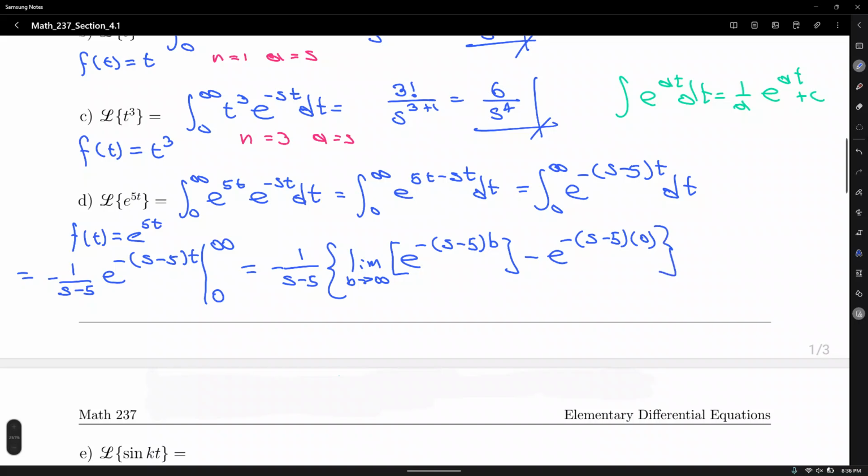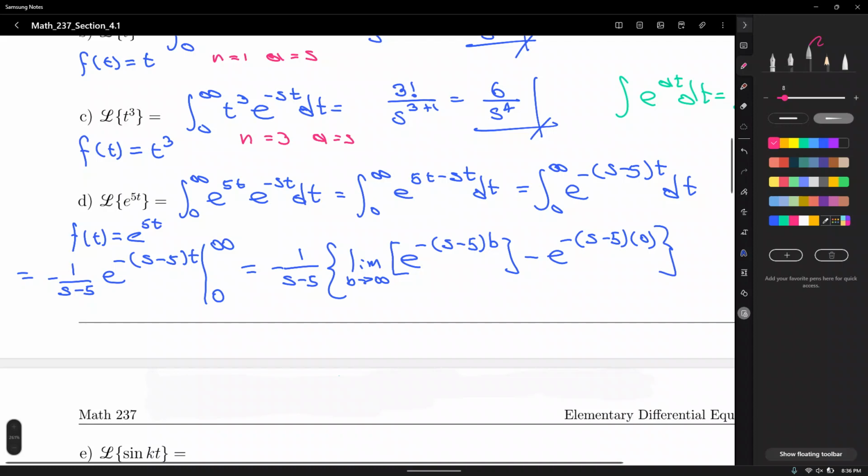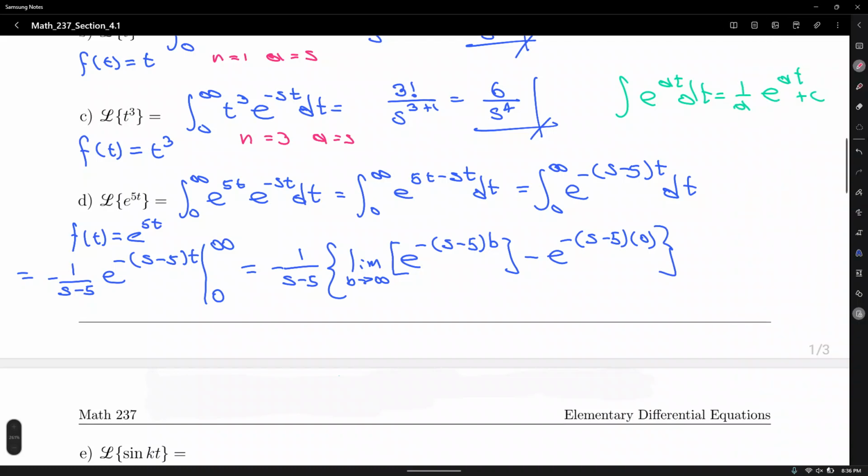Let's talk about these results. Number one, e to the 0 is equal to 1. However, where is this limit going to go? For b approaching infinity, this would make e to the negative infinity. But what is e to the negative infinity? That equals 0.